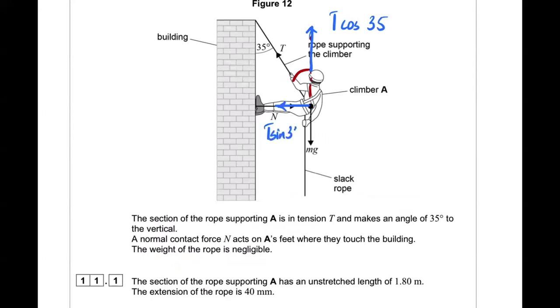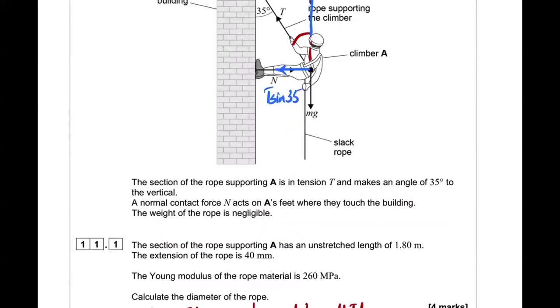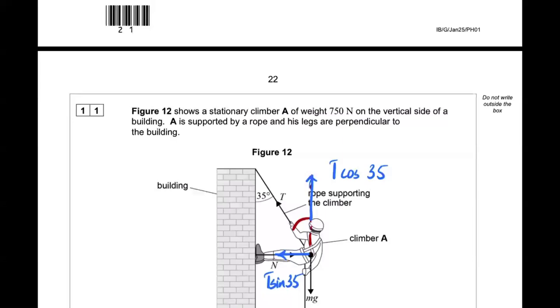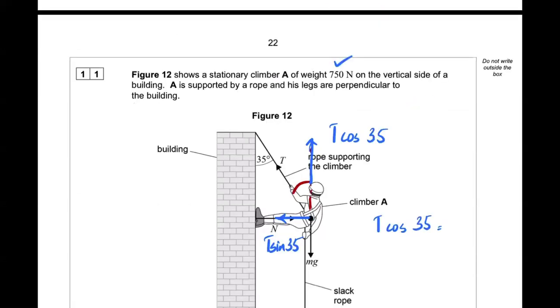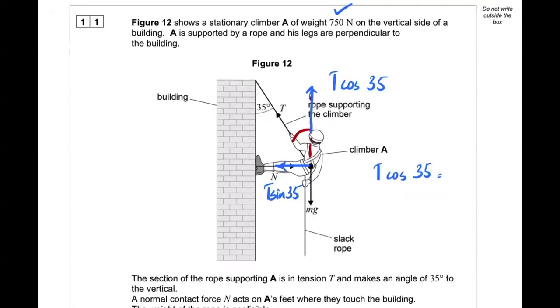So T cos 35 equals mg. So first I need to do this. T cos 35 equals mg, which is equal to 750. So T would be 750 over cos 35. 750 divided by cos 35 turns out to be 915.5.